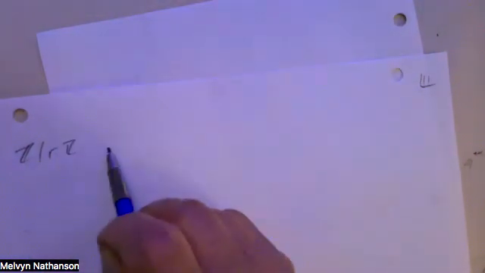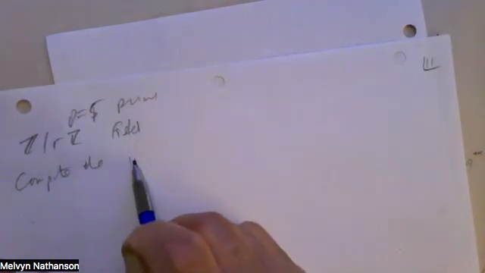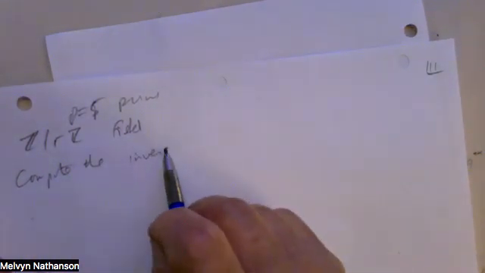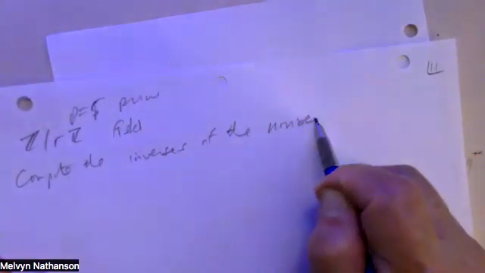In fact, Z mod 5Z is a field by the theorem because P equal 5 is a prime number. So Z mod 5Z is a field. So suppose we want to compute the inverses, that's what we call them, of the non-zero congruence classes mod 5.